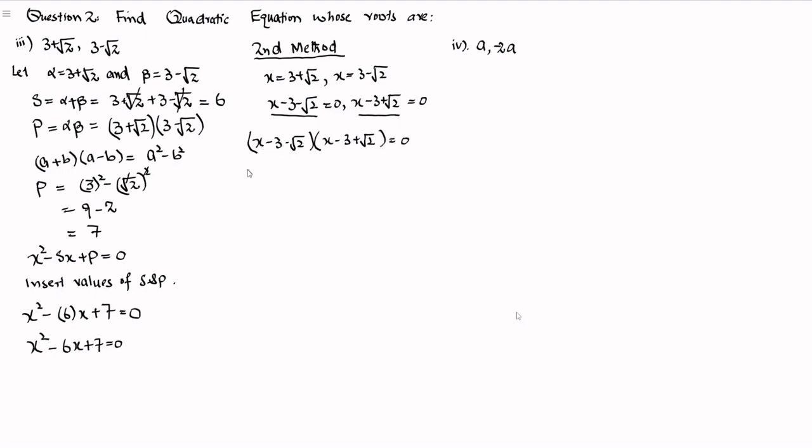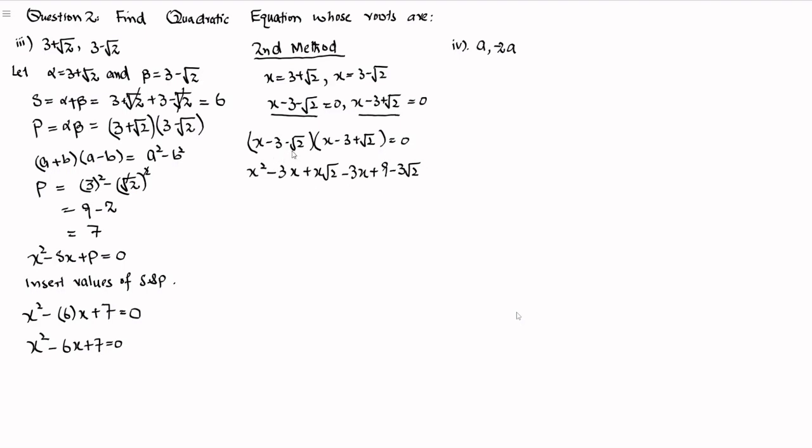Now x multiplied with x is x square, x multiplied with minus 3 is minus 3x, x multiplied with under root 2 is x under root 2. Now multiply minus 3 with all the terms, so we have minus 3x, minus 3 multiplied with minus 3 is plus 9, minus 3 multiplied with under root 2 is minus 3 under root 2.